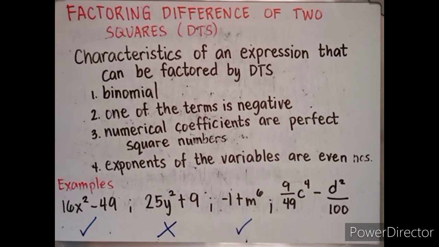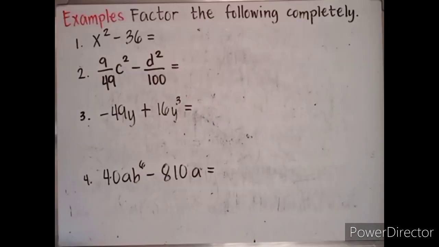So, therefore, this is factorable by DTS. And number 4, the last one, perfect square number 9, 49 perfect square number then, d squared, tapos 100, c to the 4th, even, minus, okay, so therefore, this is also factorable by DTS.